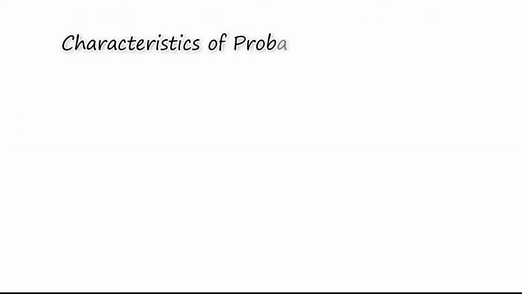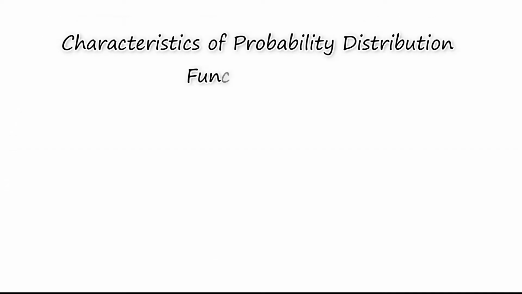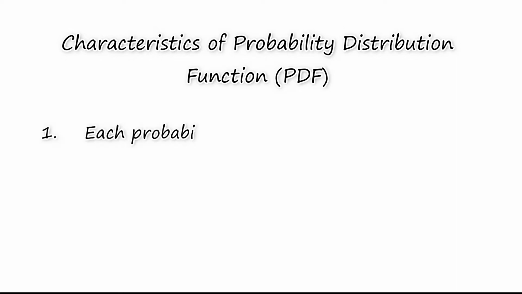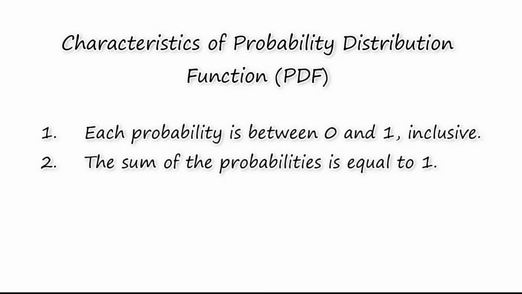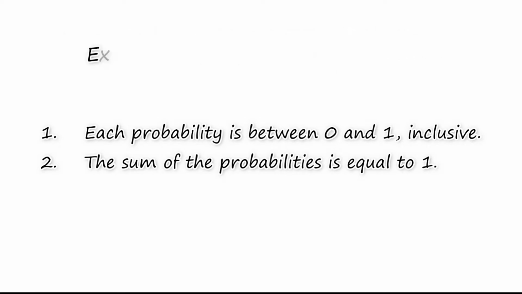Characteristics of the PDF: the first one says each probability is between 0 and 1. Second, the sum of the probabilities is equal to 1.